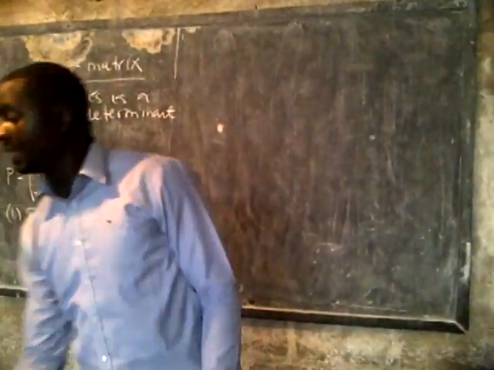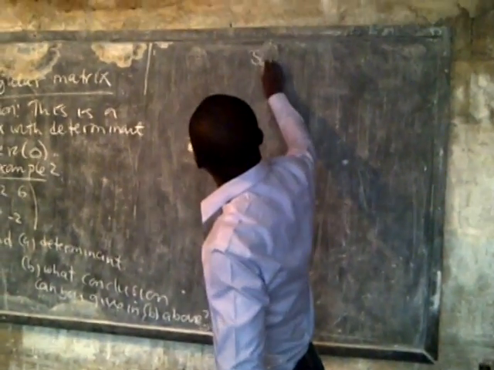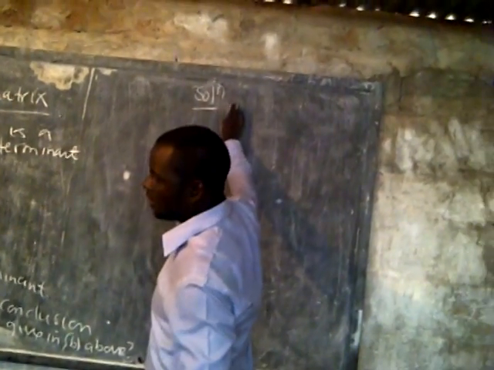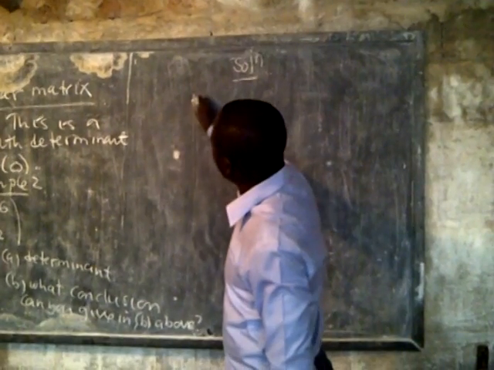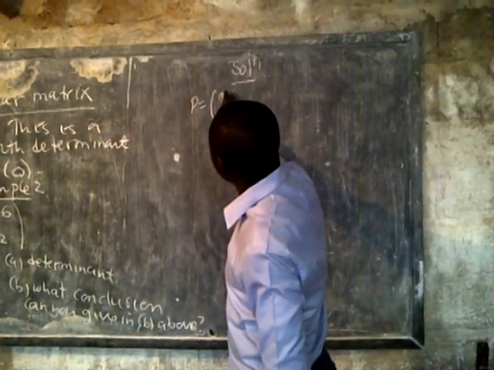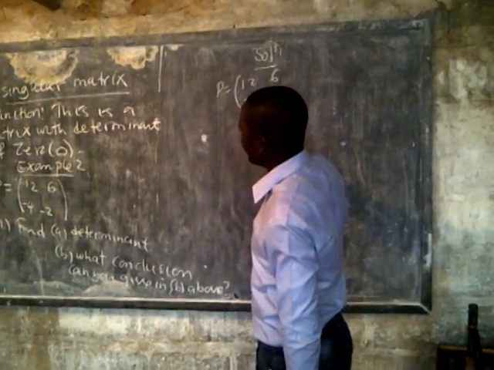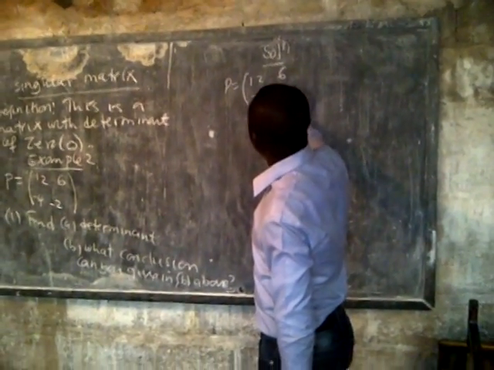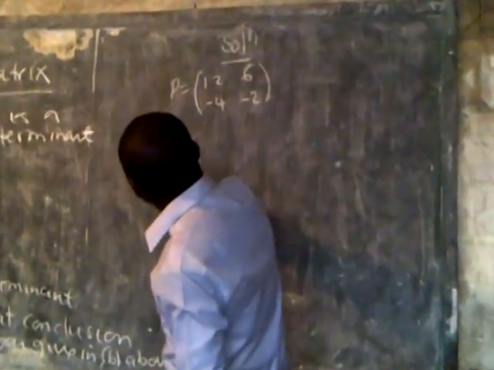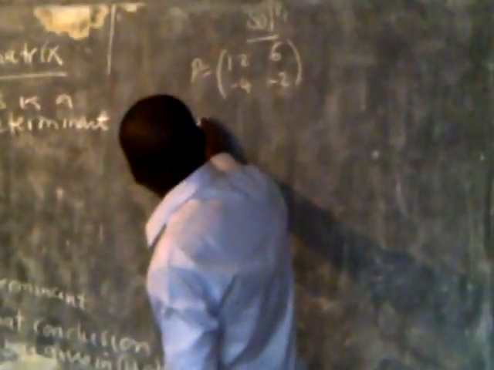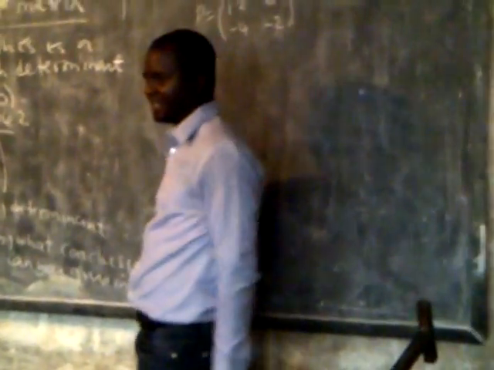Okay? Now we've been told that's our solution. What is our matrix P? Matrix P, we've been given 12, 6, -4, and negative 2. Number 1A, they are saying find the determinant.